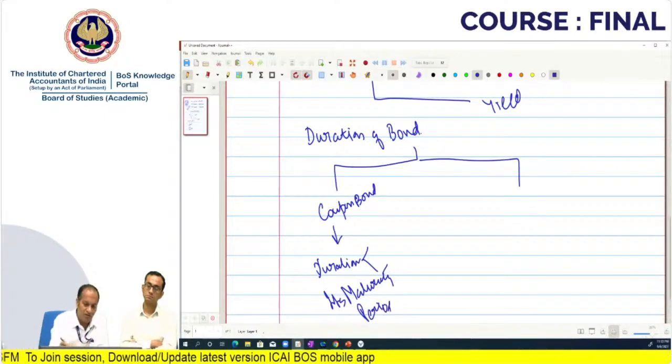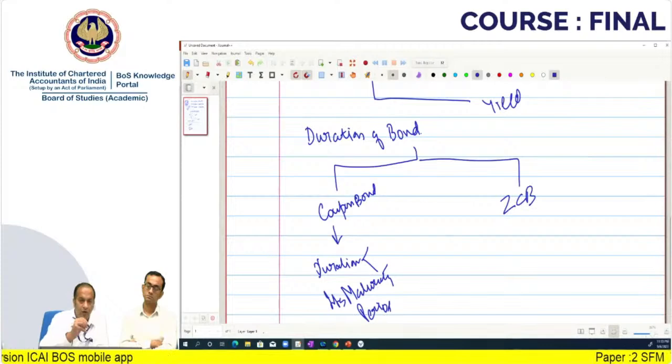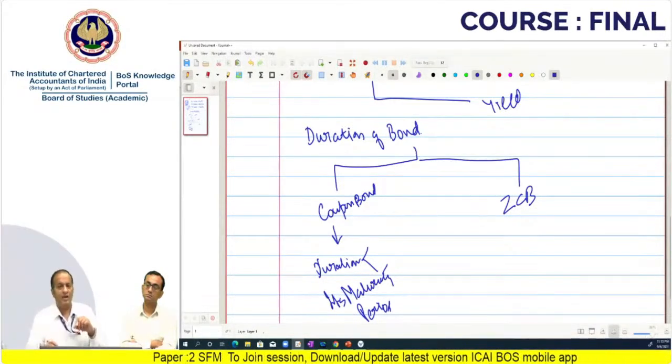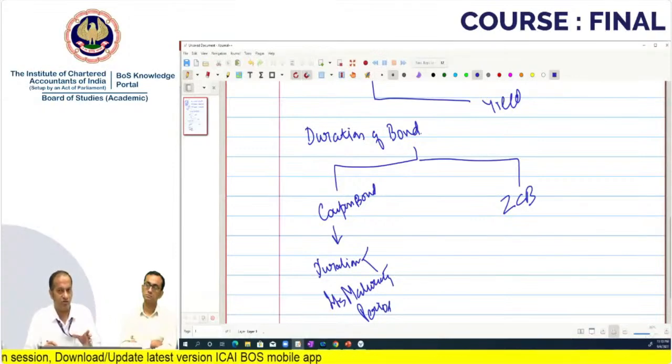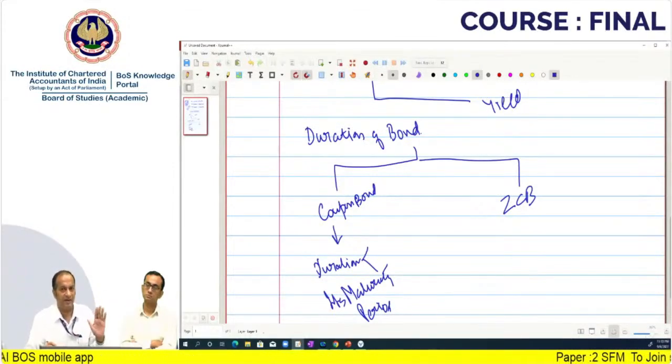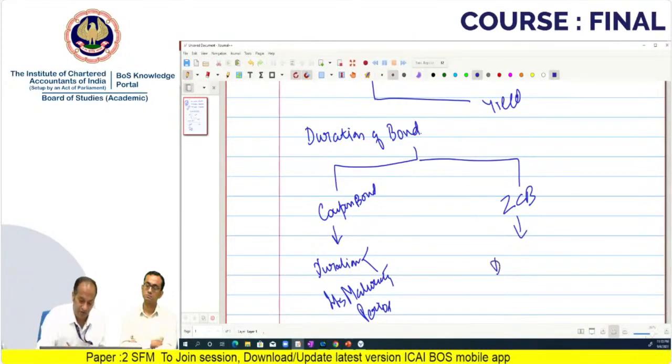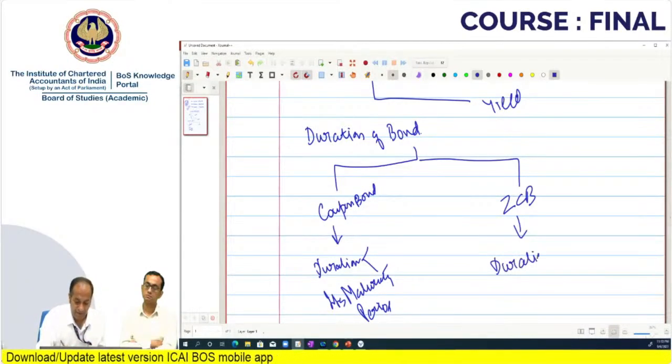In the case of a zero coupon bond, which is issued at a discount and redeemable at face value, the duration and the maturity period will be the same. It is very important to note.